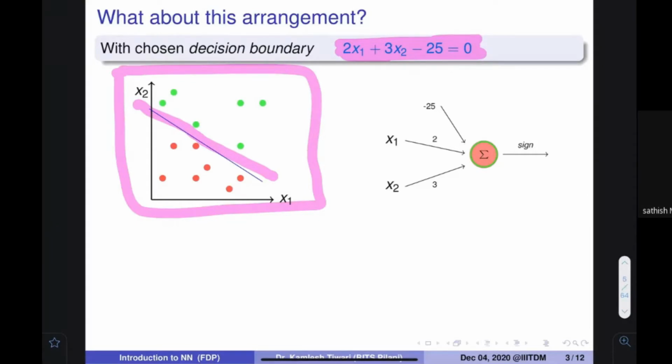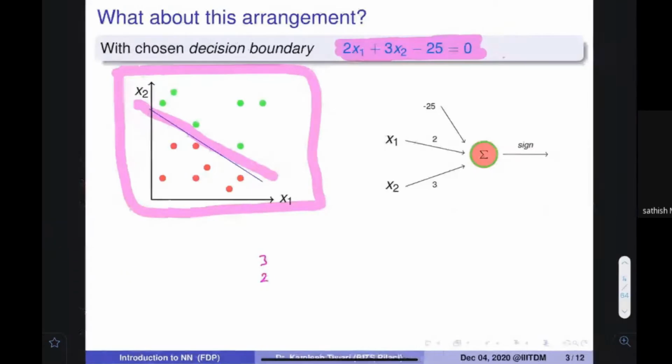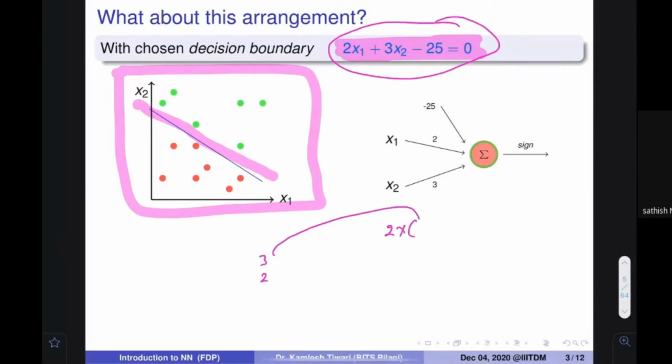If a new point comes, for example (3, 2), let me see whether it is in the data. I think (3, 2) is not in the data. You can see it is 1, 2, 3, so (3, 2) would be here. It should be red. Let us see how you would determine the color. You put it into this equation: 2 multiplied by x1, where x1 is 3, plus 3 multiplied by 2, minus 25.